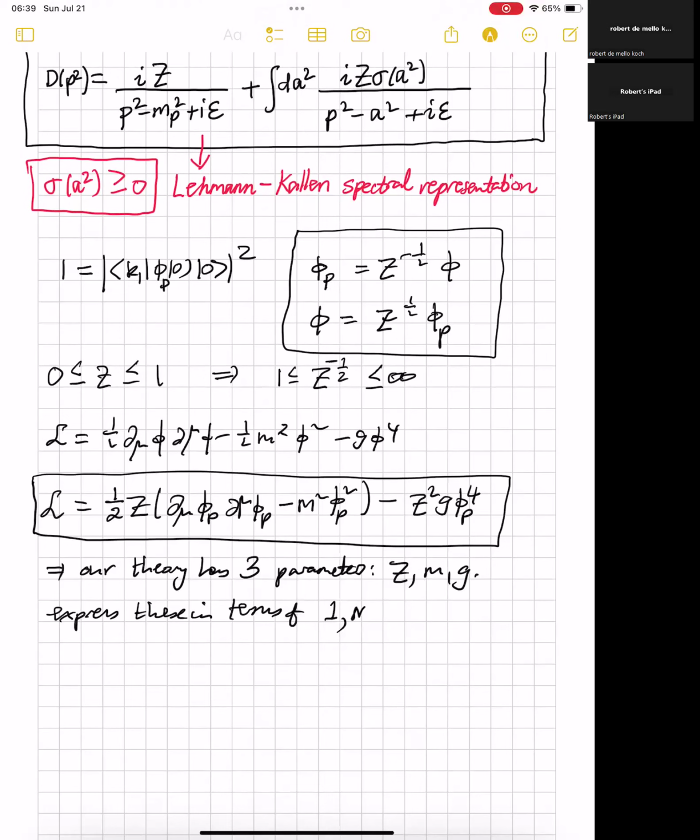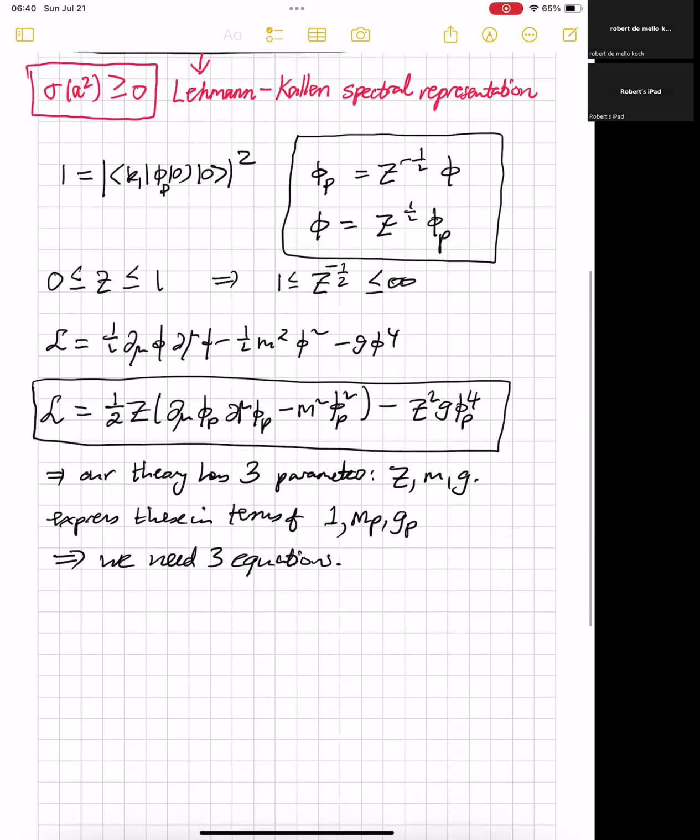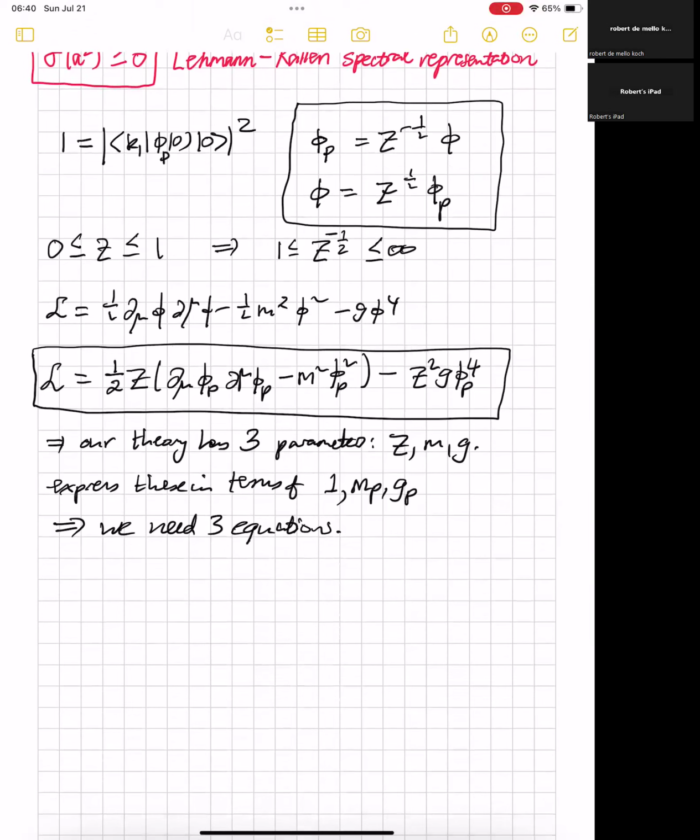And then we also have the physical mass and the physical coupling. To express Z, m, and g in terms of 1, m phys and g phys, it means we need 3 equations. Okay, we've got 3 equations which relate 1, m P, and g P to Z, m, and g.